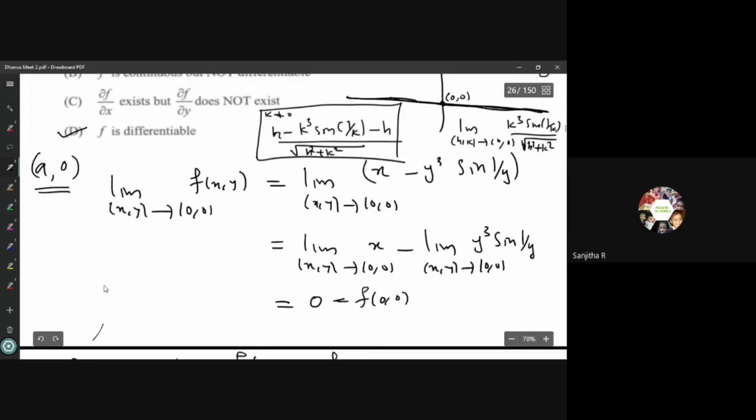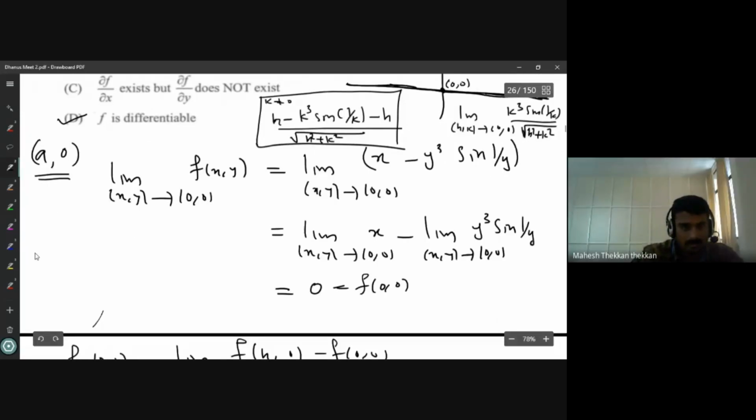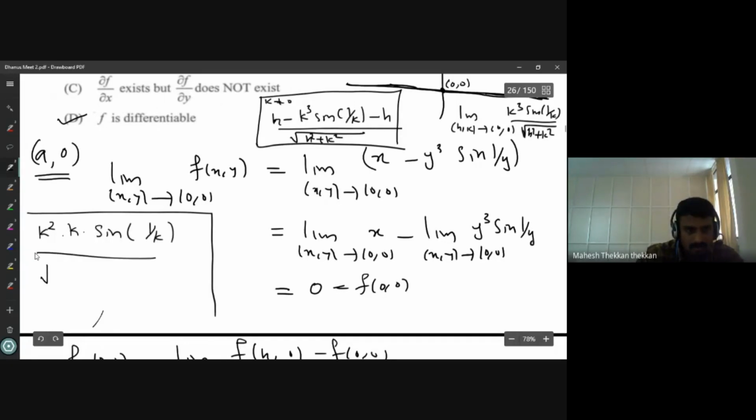I will write it this way: k square into k into sine 1 by k divided by square root of k square plus h square.